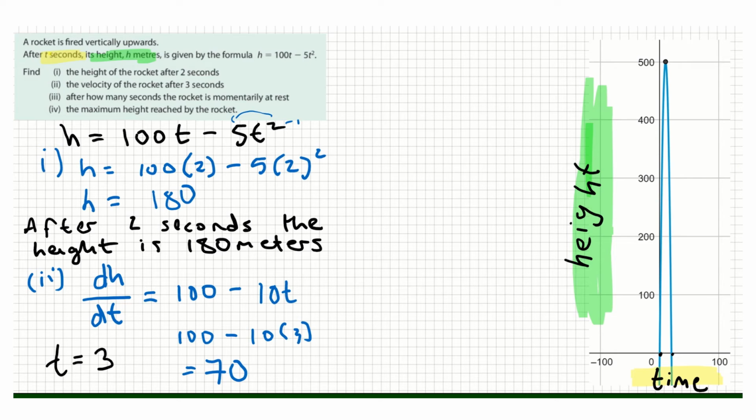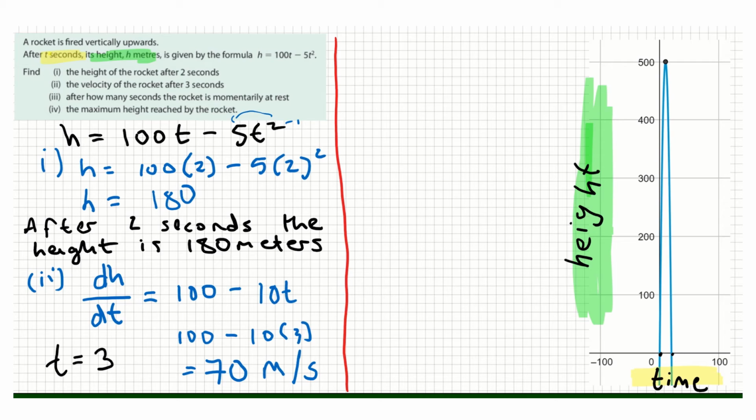So speed will be measured in distance versus time. So 70 meters is our distance, or height in this case, and time is measured in seconds. So it'll be 70 meters per second after 3 seconds. Because remember, it's a curve and the speed isn't constant.